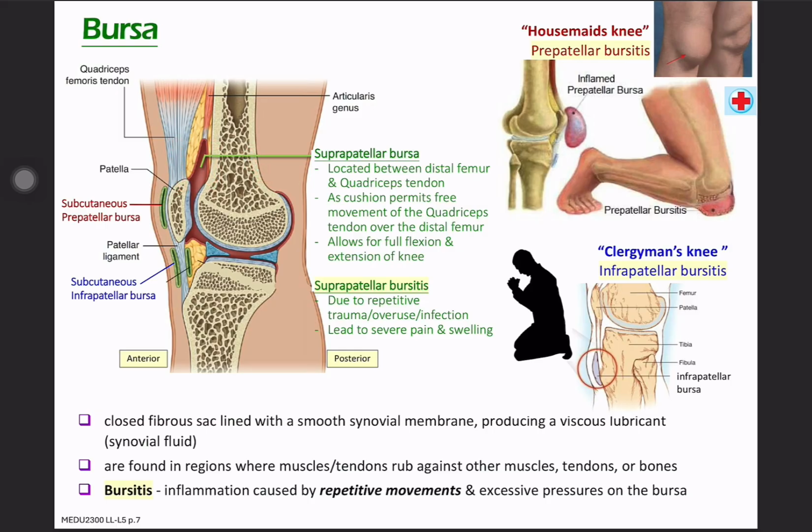An important anatomical feature is that this bursa, as you can see here, is actually continuous with, or communicates with, the joint capsule, which means that inflammation of this bursa, called suprapatellar bursitis, can affect the joint cavity as well.